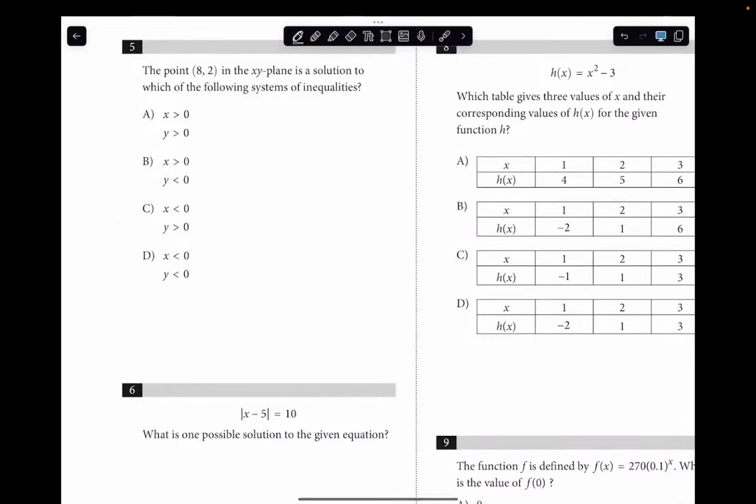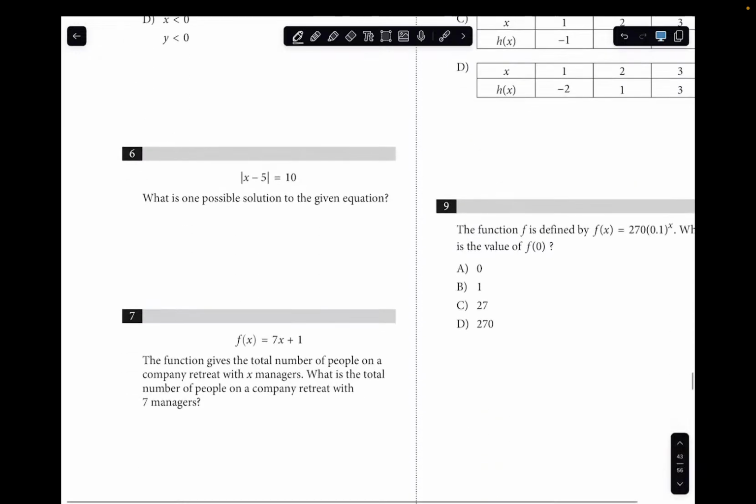The point (8, 2) in the xy plane is a solution to which of the following systems of inequalities? What the? They're both greater than 0. Is that? I think that's all it's testing, right? Let me double check. Yes. I haven't seen a question like that on any of the previous examples.